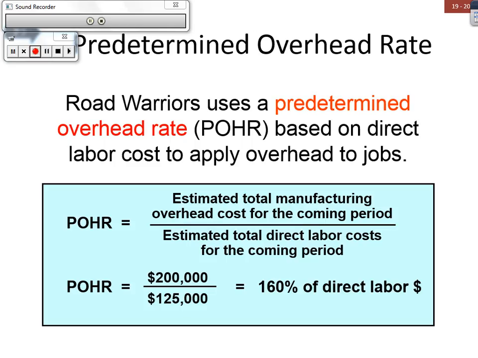In this case, they're looking at labor, estimated overhead cost for that upcoming period divided by estimated direct labor cost for the current period. So 200,000 divided by 125,000, which is how they got that 160% predetermined rate of direct labor.